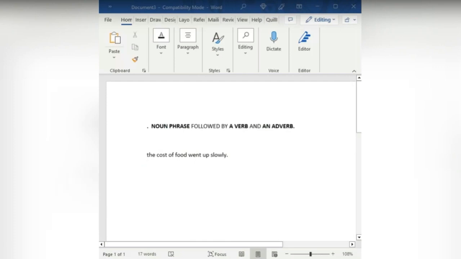First of all, let's look at the noun phrase. So we can see that the noun phrase in this particular sentence is the cost of food.